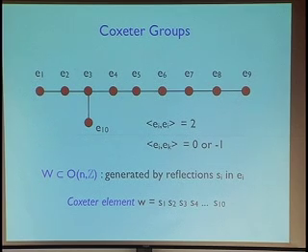And in fact, this is an integral quadratic form, since these inner products are all whole numbers. And the group generated by reflections in each of these vectors with respect to this quadratic form is called the Coxeter group or the Weyl group associated to this diagram. And it preserves the integral lattice generated by these vectors as well.